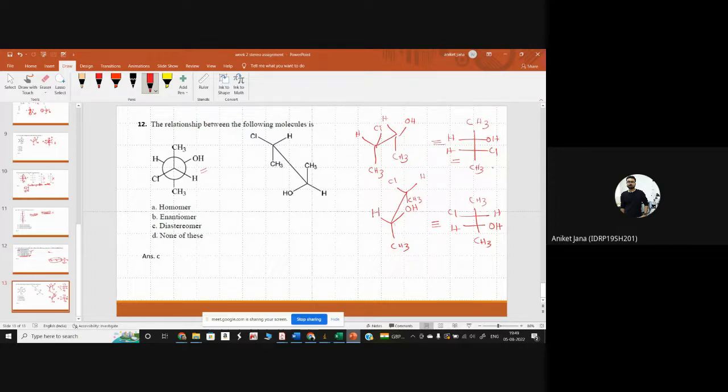The first one, this one, Newman, and this is erythro. And this one is which one? This is the threo. So what is the correct option? Here the two stereocenters have hydrogens on the same side, and here one hydrogen is on the right side and this one hydrogen on the left side. So which is the right answer option? Option C. That is, they are diastereomers.